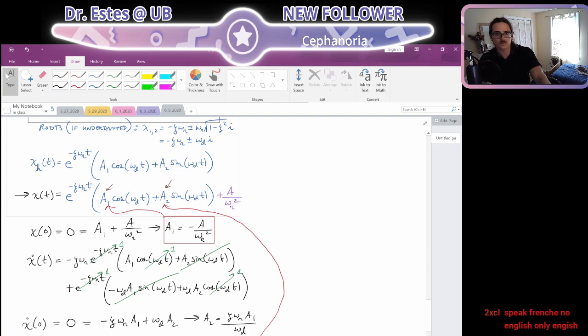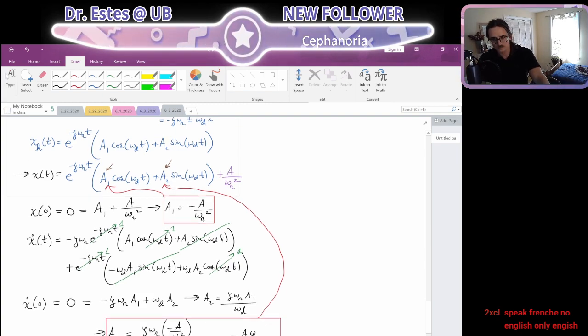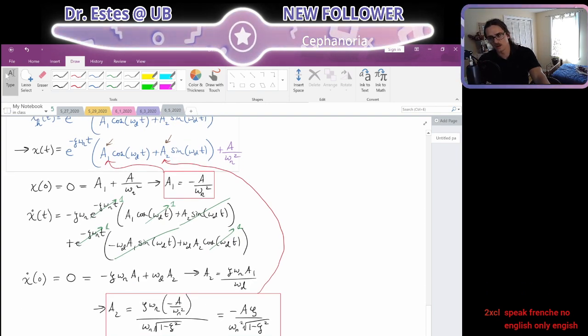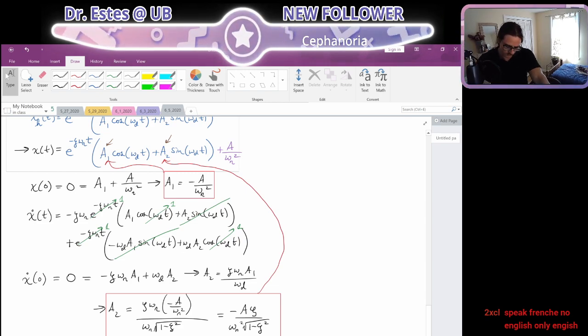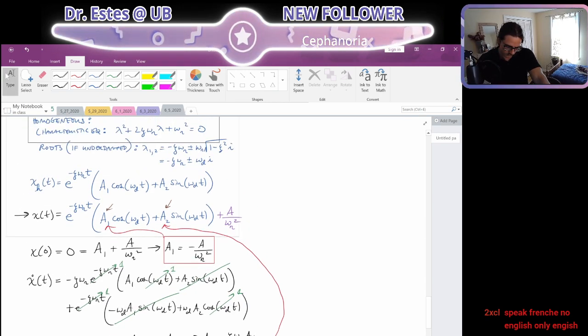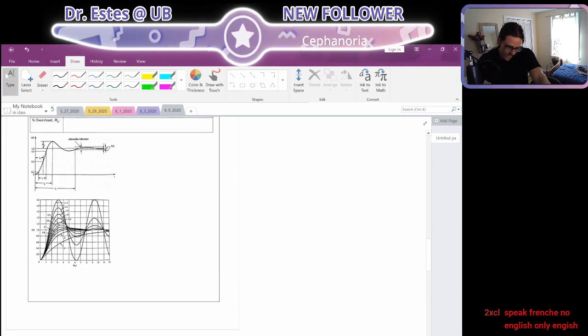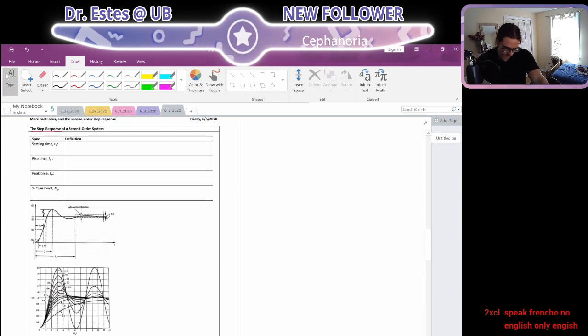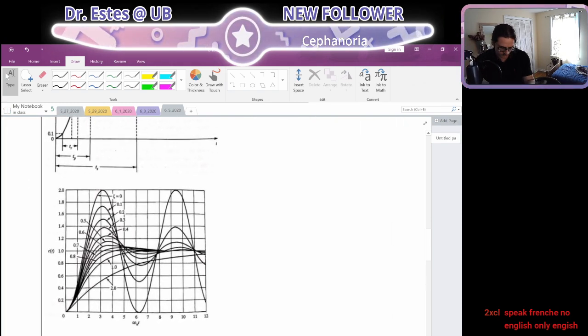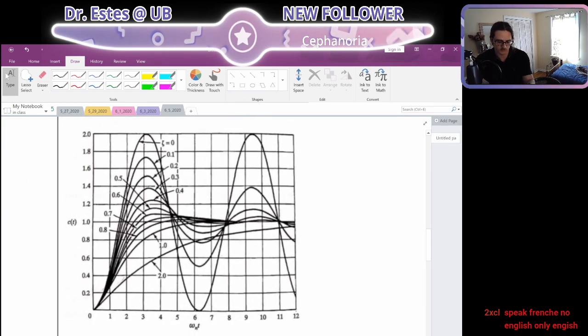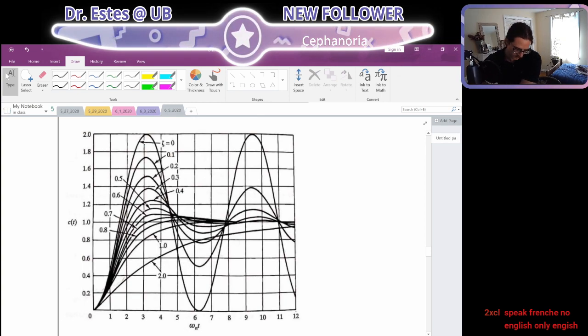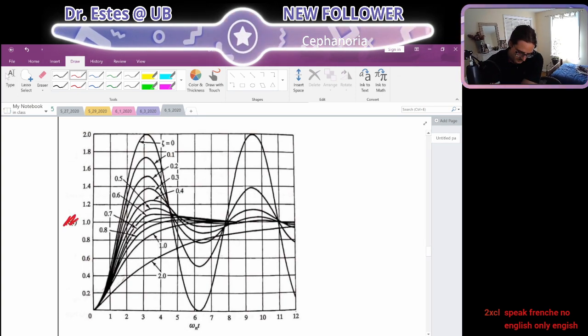Okay. Let's go look at the graph of these step responses as a function of the damping ratio. So they say c of t here.